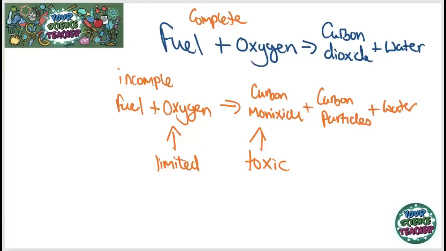Carbon particles also, they are not great to have in the air because these are carcinogenic, meaning that they can cause cancer. And as well as cancer, they also can cause other respiratory issues. So you'll always know whether you've got complete or incomplete combustion by just looking at your products. Just remember that the molecular formula of carbon monoxide is CO, and the molecular formula of carbon particulates is just C.